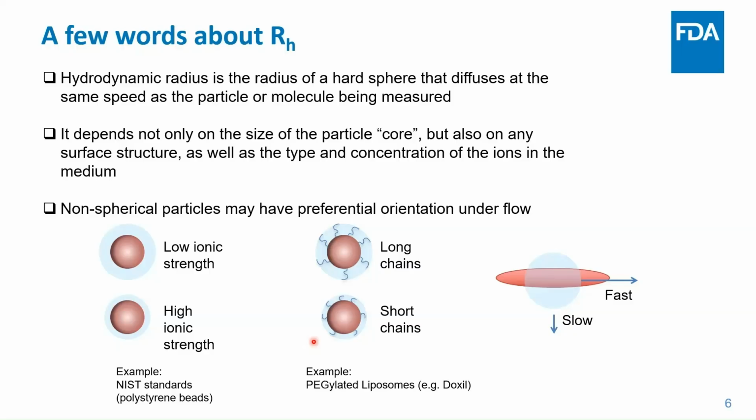But in general, the length of a rod will diffuse much faster than its length if you assumed a sphere of the equivalent length. It will obviously diffuse at a level that's more akin to a much smaller equivalent sphere. So just like in the sieving example that Xiaoming brought up, you have to keep these things in mind when you're actually measuring these types of particles.